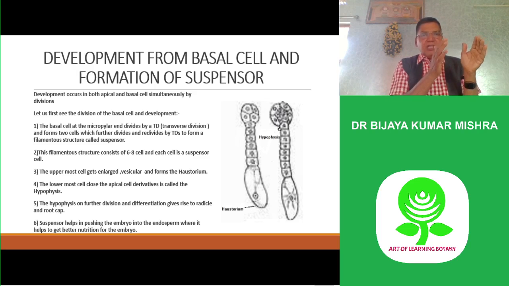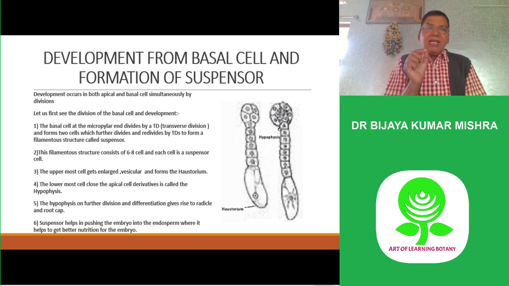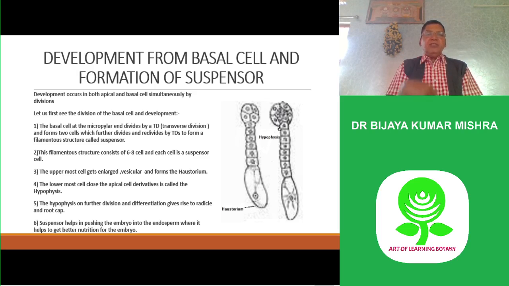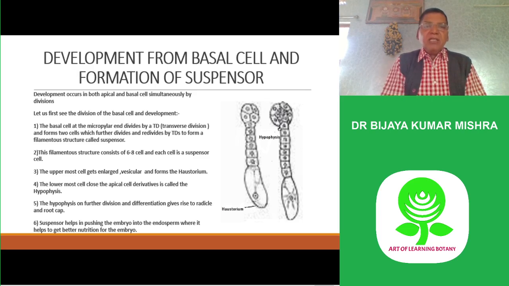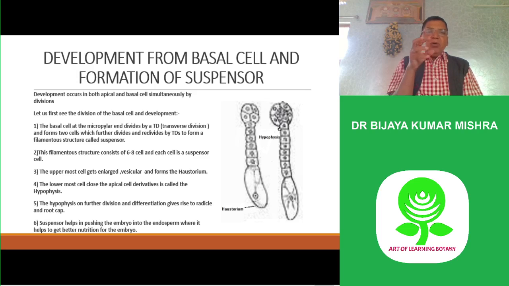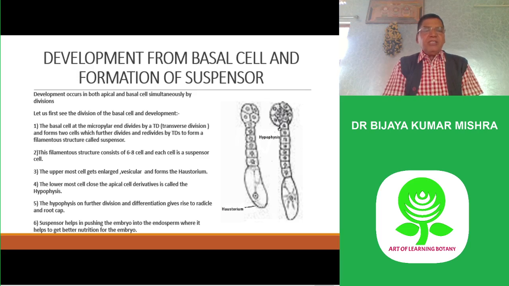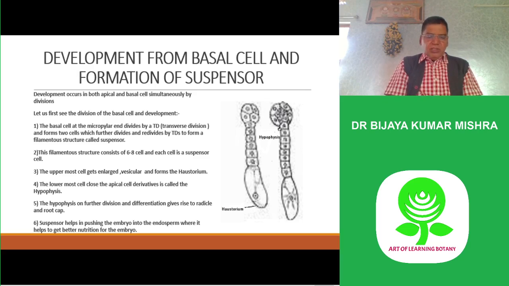The basal cell gives rise to the suspensor, and each cell derivative of this basal cell is called a suspensor cell, and the distal cell, which is present toward the end, is called the vesicular cell and is termed the haustorium. And this cell, which is very close to the apical region but is a derivative of the apical cell, is called the hypophysis. Okay, the haustorium pushes into the endosperm to bring nutrition to the growing embryo. So this is the development.